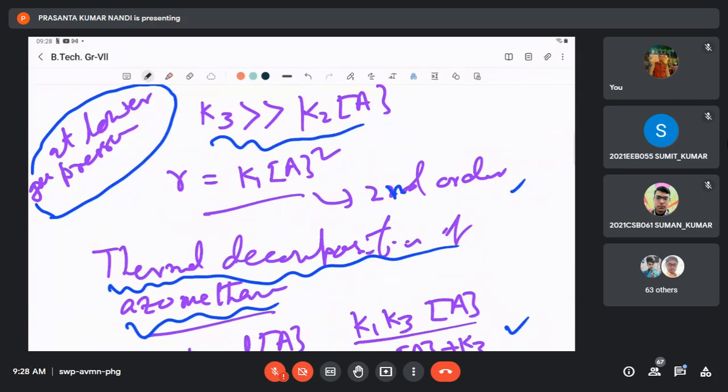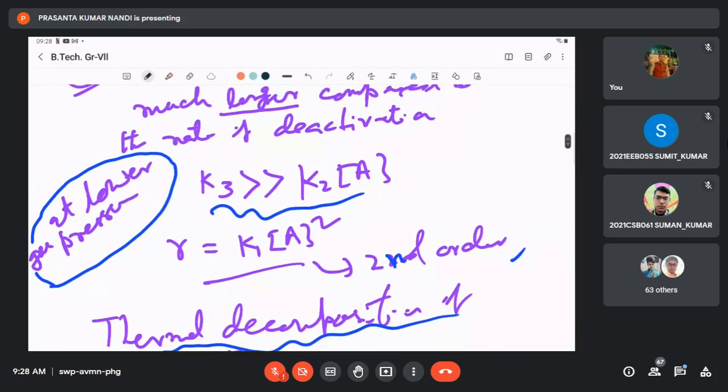This is very interesting. So it appears to be second order. That means these unimolecular decomposition reactions may follow either first order kinetics or second order kinetics. It depends only on the concentration of the reactant species.